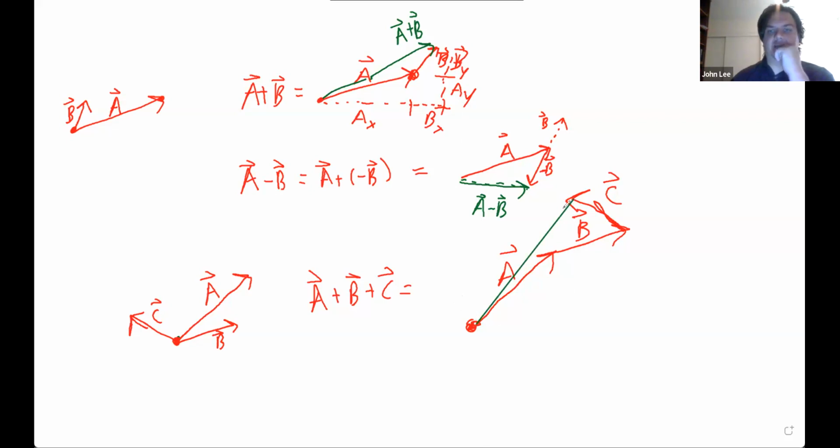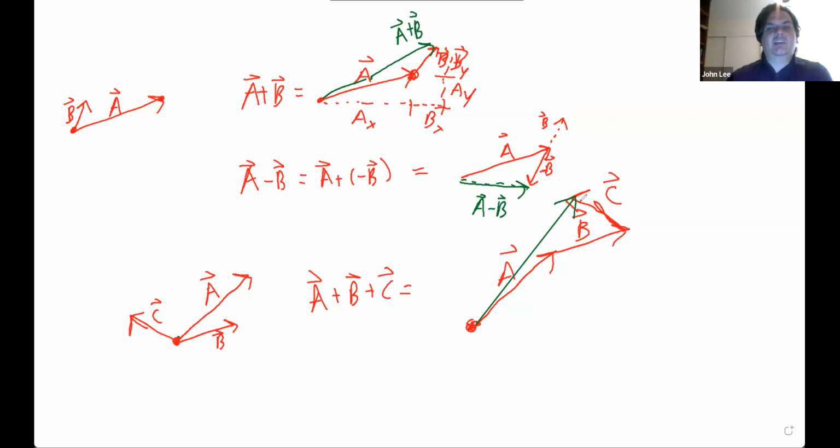Yeah, it's just something you can draw out. If you just draw tip to tail, or tail to tip, or tail to head, whatever you want to call it, and just follow the vectors, go along one vector, then the other vector, then the other vector, and then if you need to go in the opposite direction, you can do that.